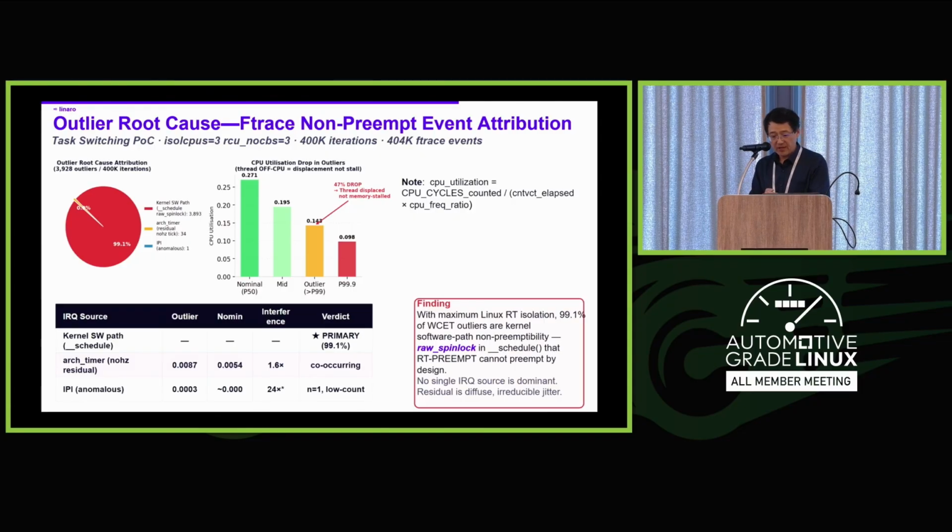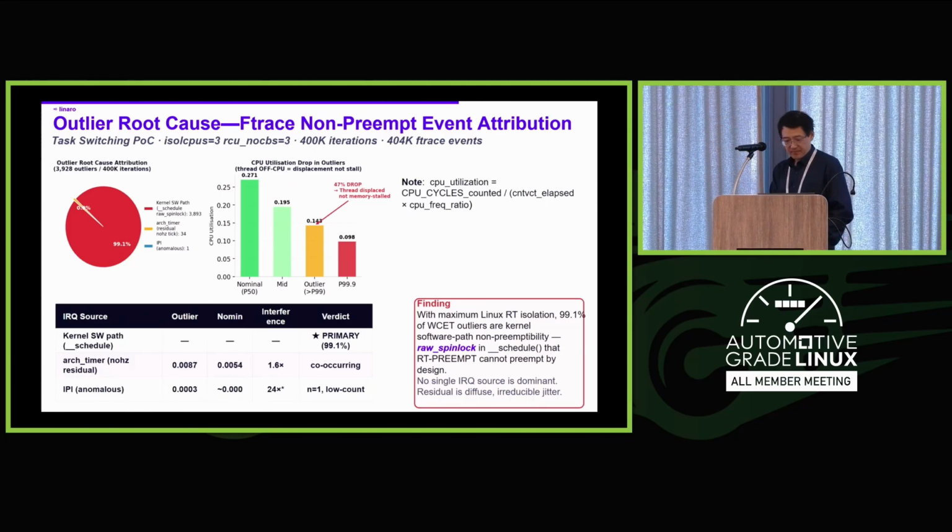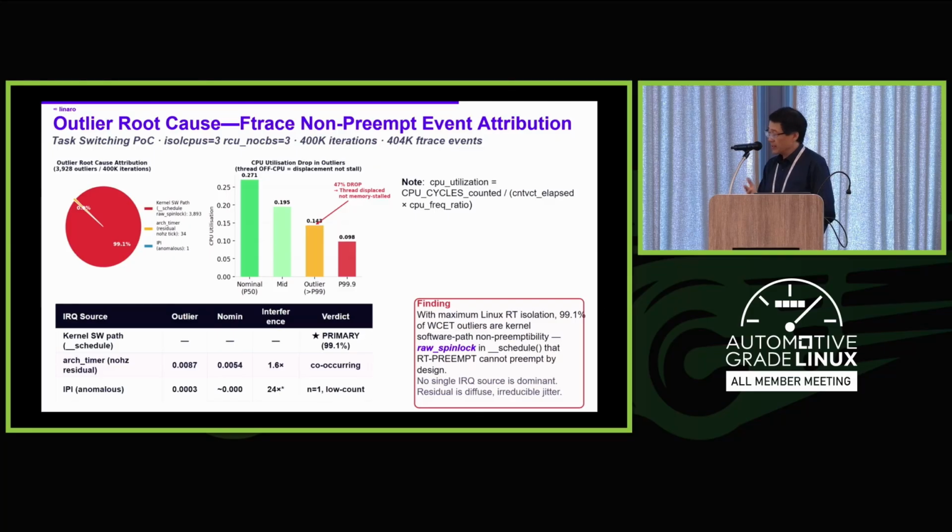The finding is that with maximum Linux RT isolation, 99% of those outliers are kernel non-preemptible paths, which is the Linux RT ceiling, governed by the architecture.